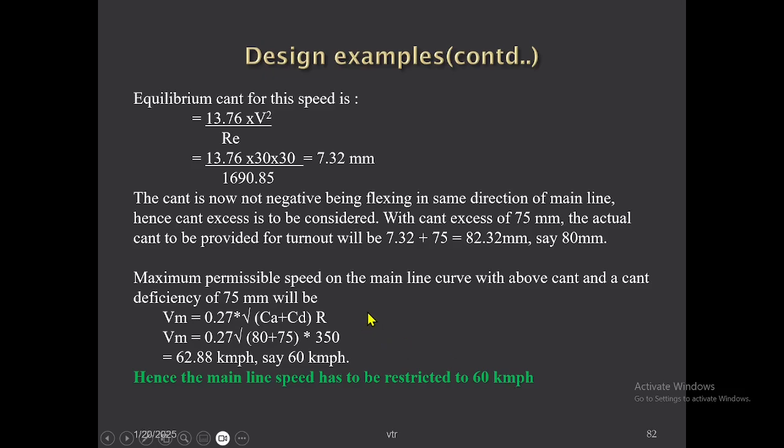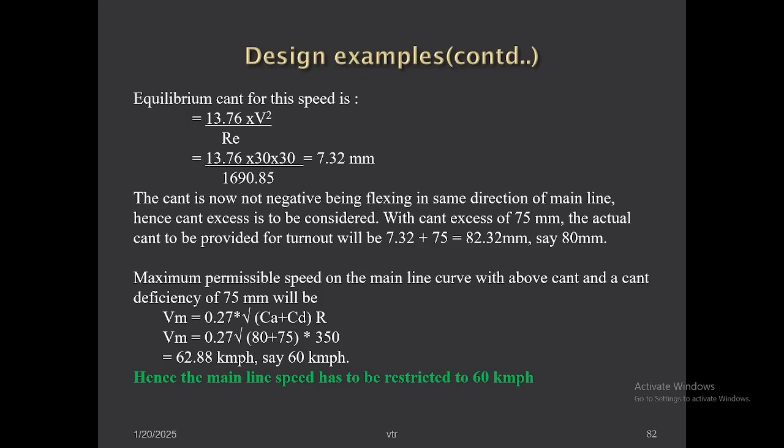The only difference here is that the turnout is taking off, but since the radius of the turnout is flatter than the radius of the main line curve, the branch line is flexing in the same direction, and because of that, the outer rail of the turnout will be the outer rail of the main line curve.